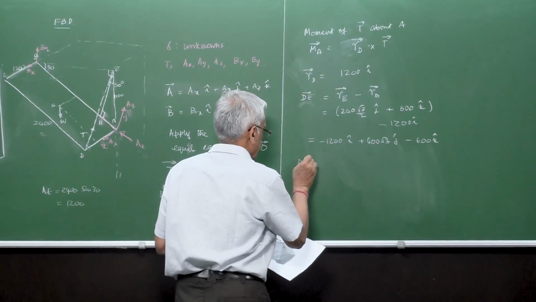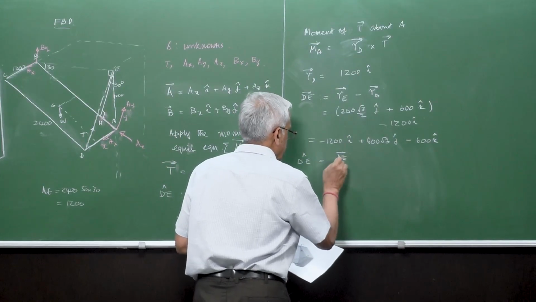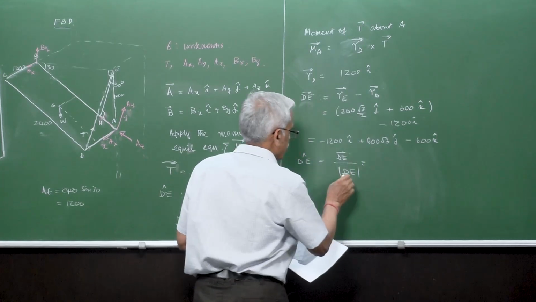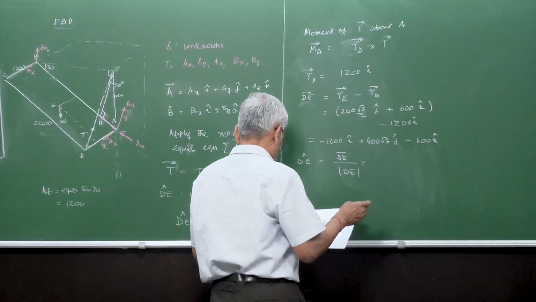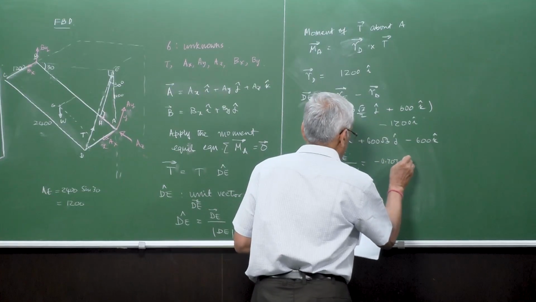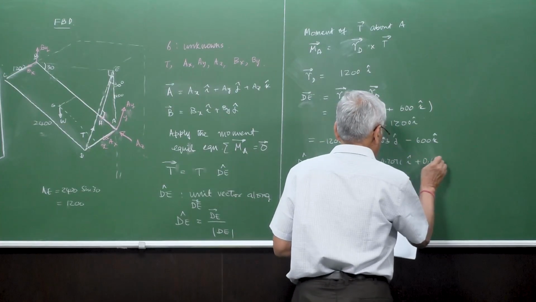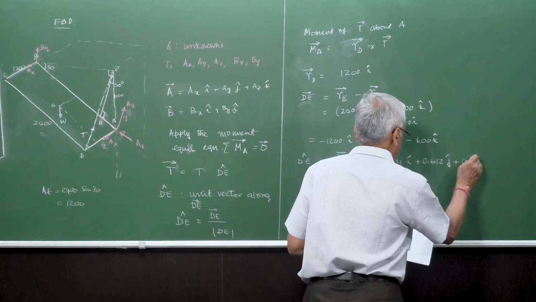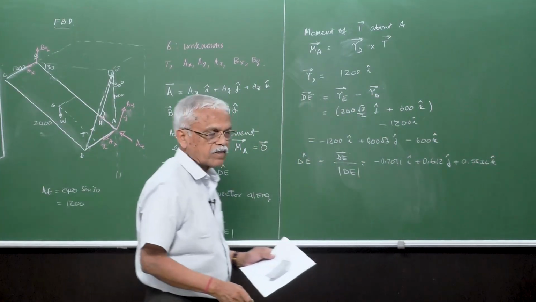If you want the unit vector, it is DE divided by its magnitude, so what we get here is minus 0.707 i plus 0.612 j plus 0.3536 k.